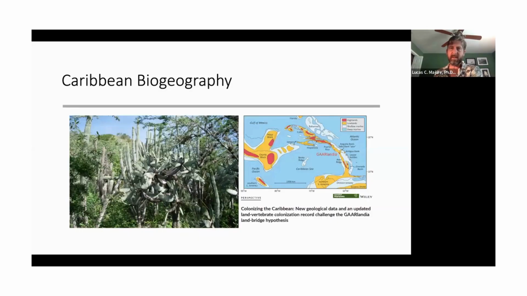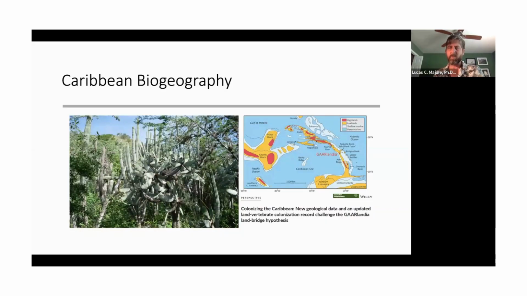But one of these scenarios that has been posited for how things got into the Caribbean, say from continental South America, is this GAARlandia hypothesis, which essentially was a land bridge that formed from northern South America all the way up into the Greater Antilles. And this is supposed to have happened around 32, 33, 34 million years ago, something like that.